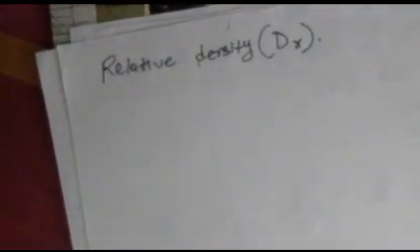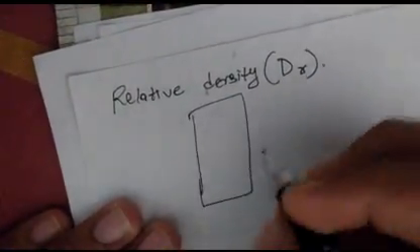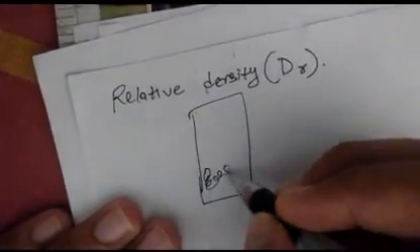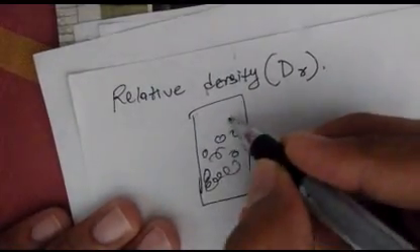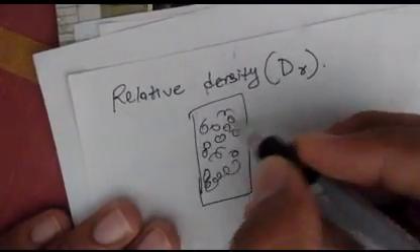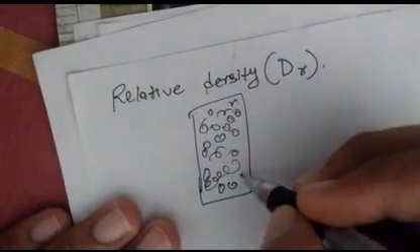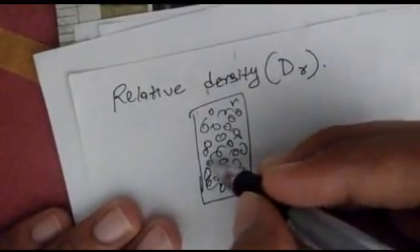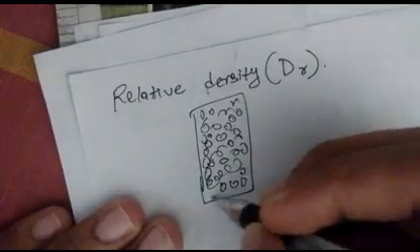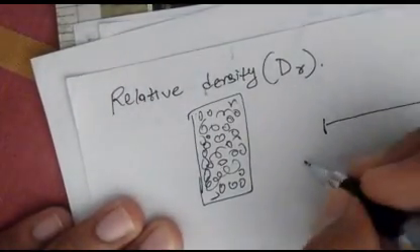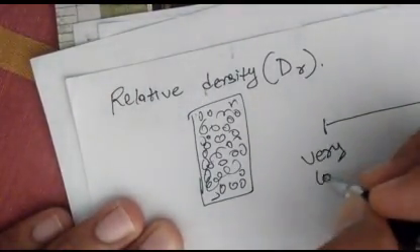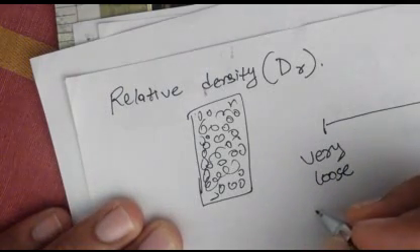Relative density is nothing but, like, I have this jar again with all the solid particles. So what is the density of this? That is density. When I'm talking about relative density, it is just on a scale of 100 actually, where 0 is very loose soil.